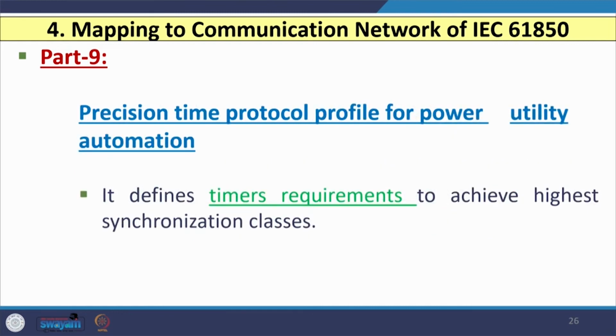Further, in part 9, the precision time protocol profile for power utility automation is also mentioned, and in this they have defined the timer requirements to achieve the highest synchronization classes, that is also completely elaborated and discussed in part 9 under the mapping to communication network of IEC 61850.